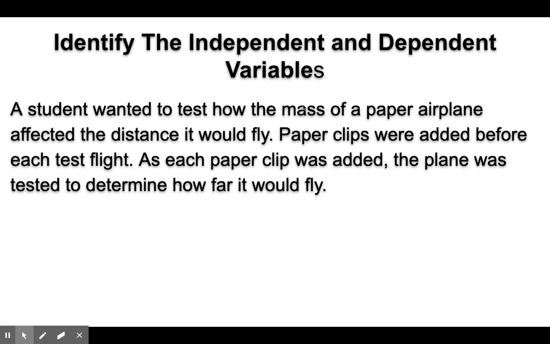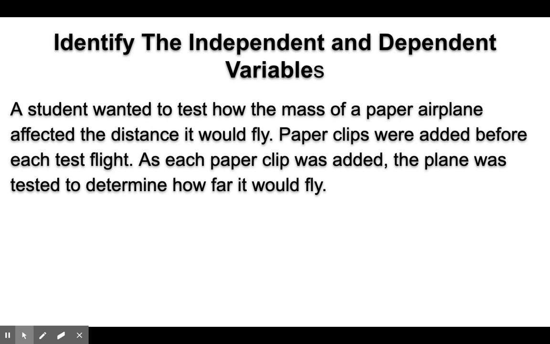What are we measuring? The distance the paper airplane would fly. So mass affects the distance it would fly. So we're testing, hey, each time we put on a paper clip and we add mass, how does that affect the distance the paper airplane would fly?